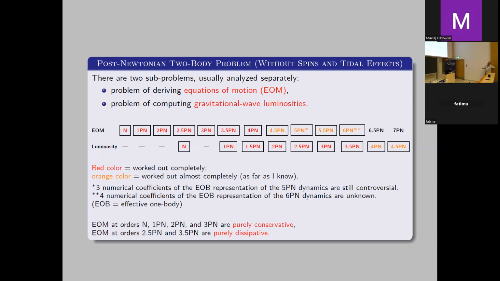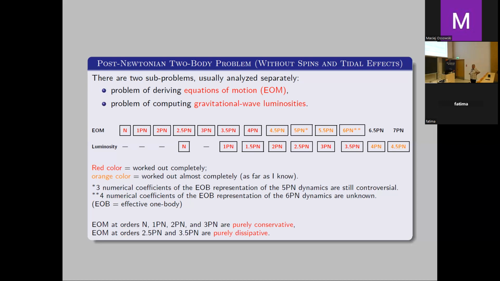But what is also important to say about the equations of motion, namely up to 3.5PN order, there is a nice split between the conservative equations of motion and dissipative equations of motion. Namely, Newtonian, 1PN, 2PN, and 3PN equations of motion are purely conservative.